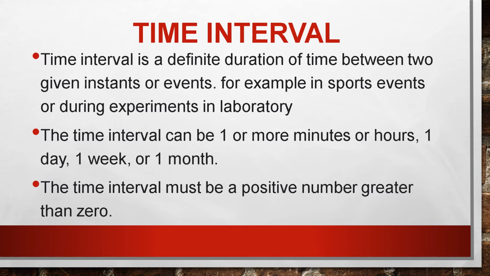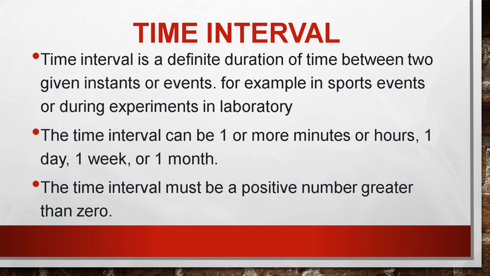This time interval can be one or more minutes, or sometimes hours, or 1 day, 1 week, or 1 month also. But generally in sports events and laboratory experiments, it will be just a few seconds, or 1 or 2 minutes.